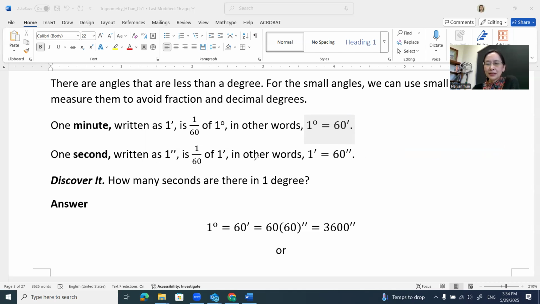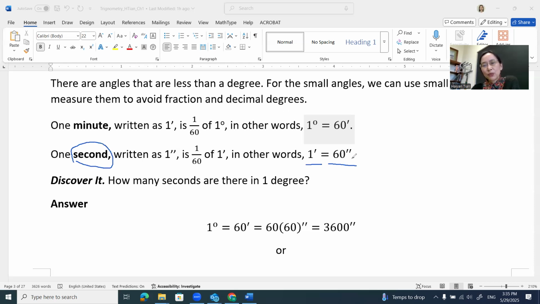And we can even define another unit, which is smaller than a minute. So if 1 minute is 60 seconds, as you can see, the second is a smaller unit, right?